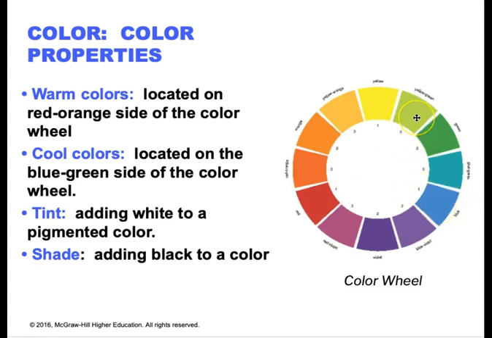And then yellow-green, red-orange and blue-violet would be equidistant apart. That could be a color scheme. So as long as they're three colors equal distances apart, that's triadic.